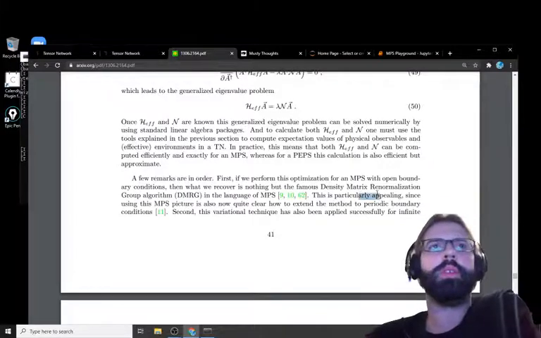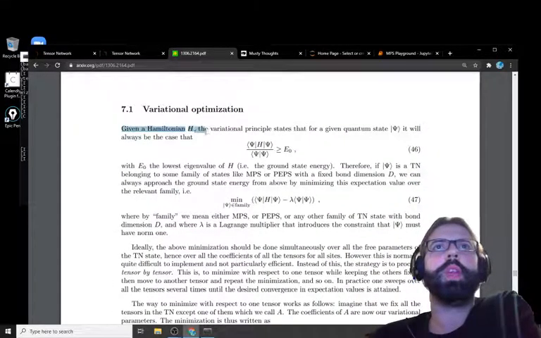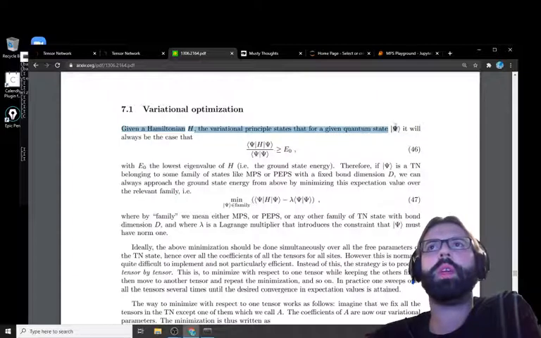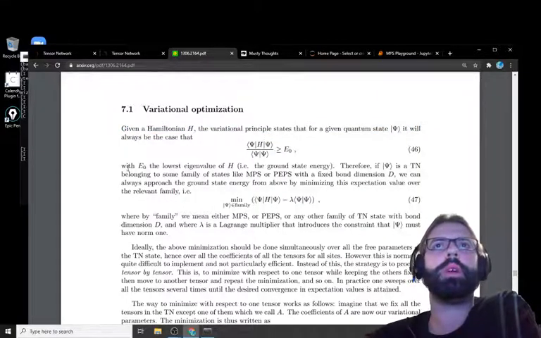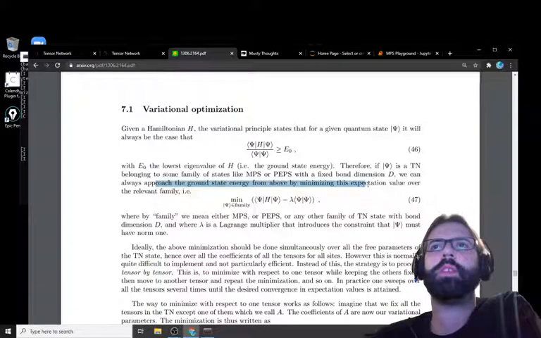Okay, so basically, given a Hamiltonian H, the variational principle states that for a given quantum state psi, it will always be the case that the energy is bounded below by the ground state energy, via the expectation value. Therefore, if psi is a tensor network belonging to some family of states, like an MPS or a PEPS, then with a fixed bond dimension we can always approach the ground state energy from above by minimizing this expectation value over the relevant family.